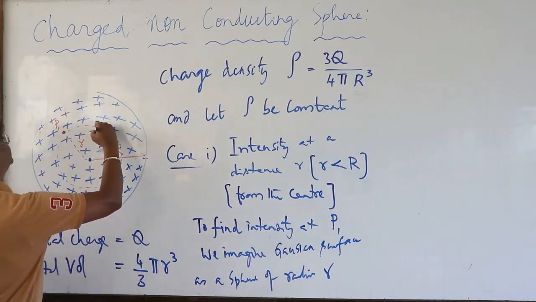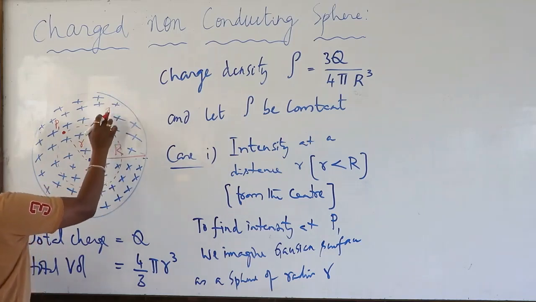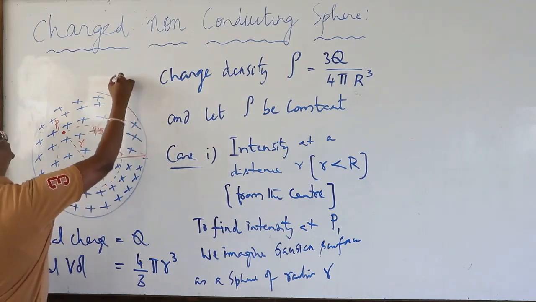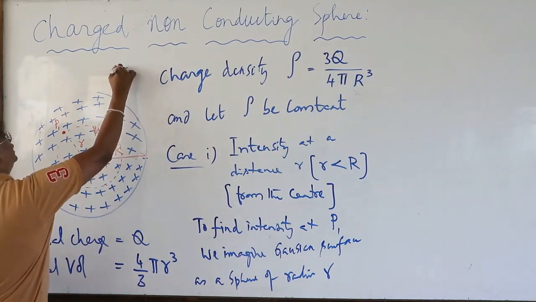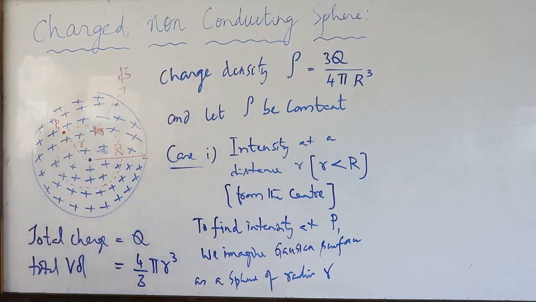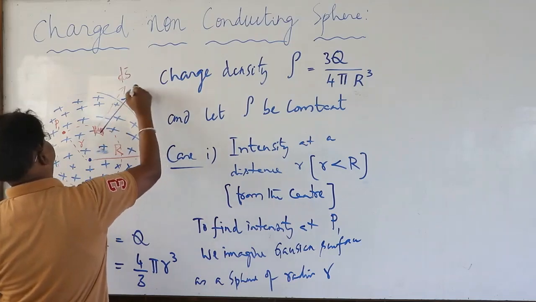Again the same case, this is ds bar, in red color. Let me show it bigger. This is ds bar, and here itself I show this E bar.